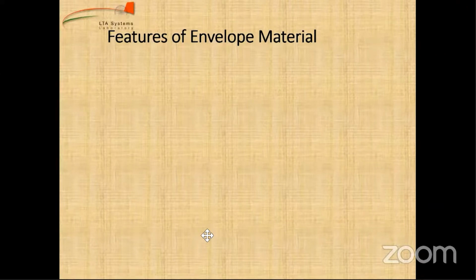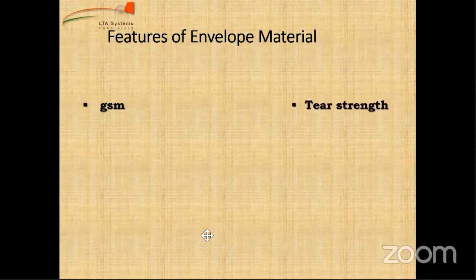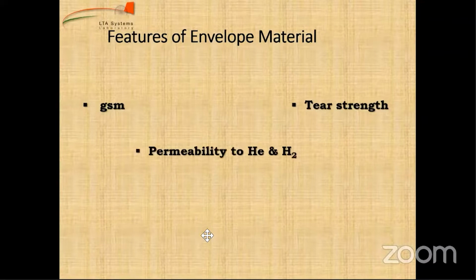Lightweight, high tear strength. Correct. So lightweight is GSM. We need to look at GSM. GSM stands for grams per square meter. So tear strength, permeability. What do you mean by permeability?